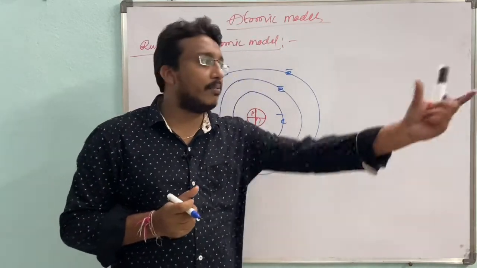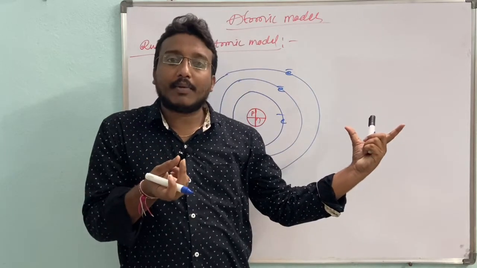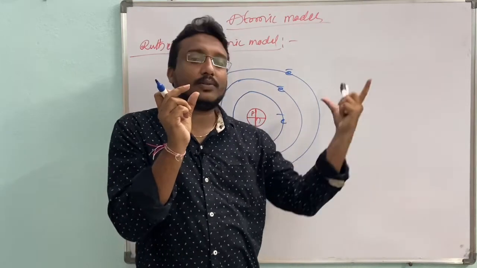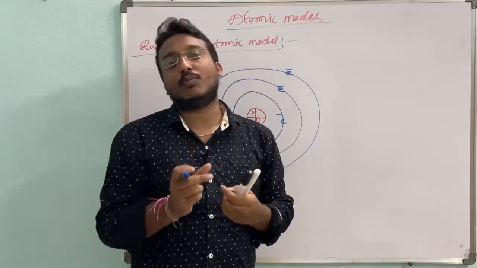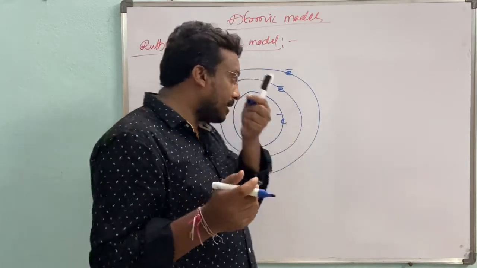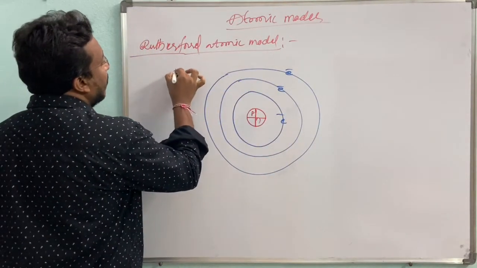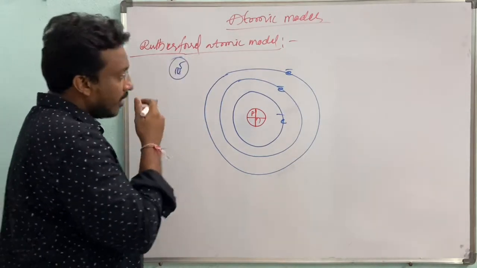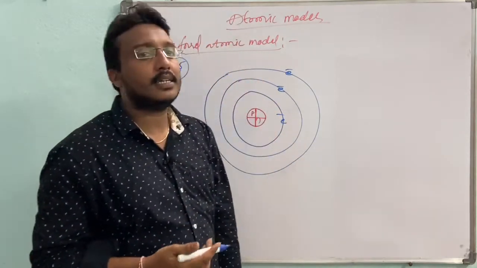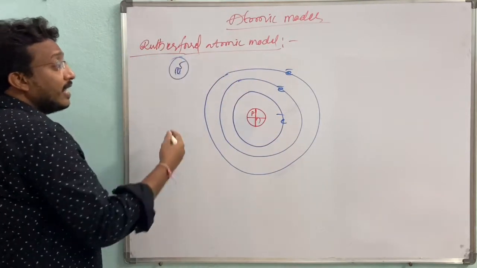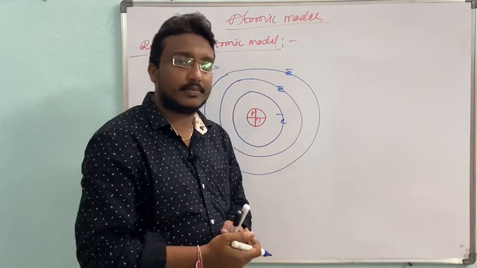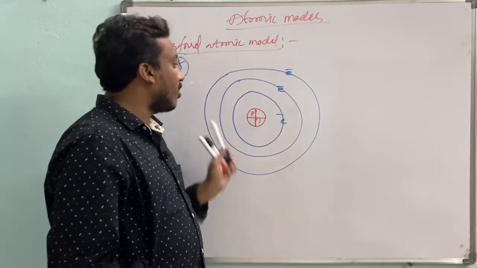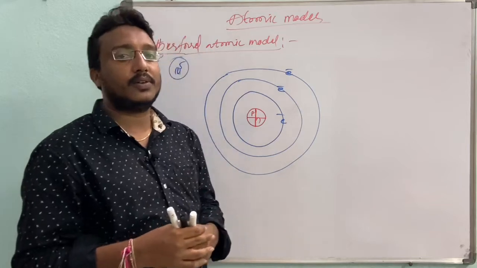The lemon is very small compared to the football, right? Approximately, the nucleus is 10 to the power of 5 times smaller than the size of the atom. And he said the electrons revolve continuously around the nucleus.